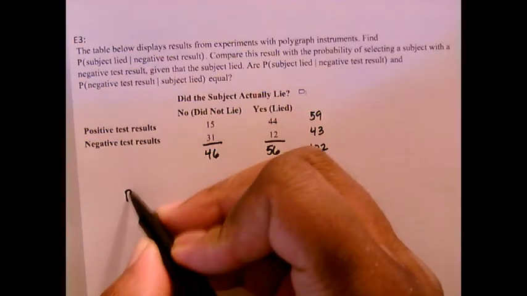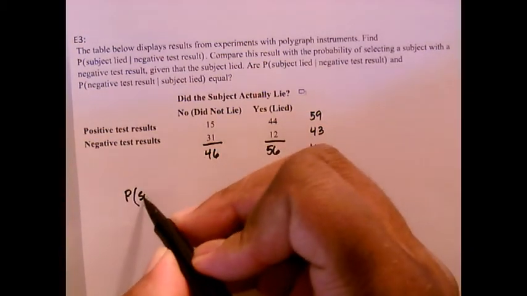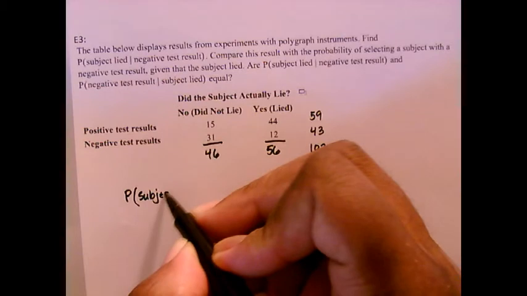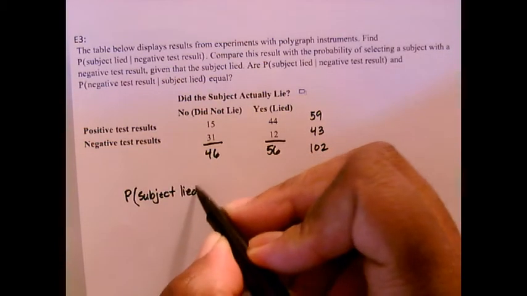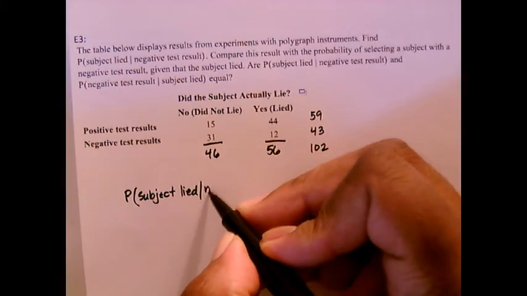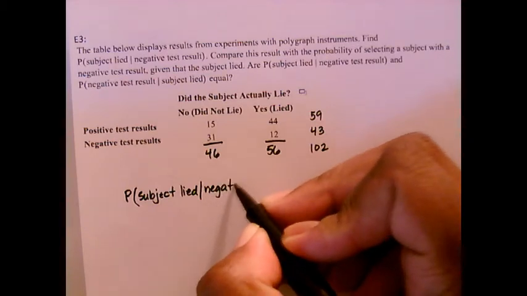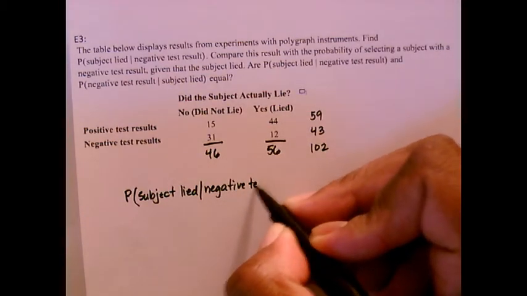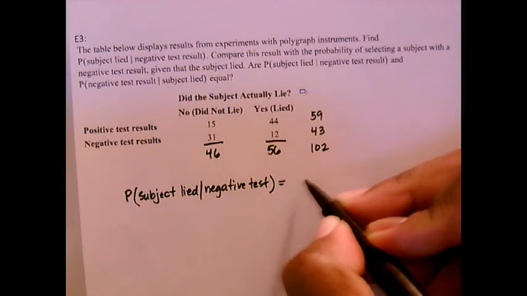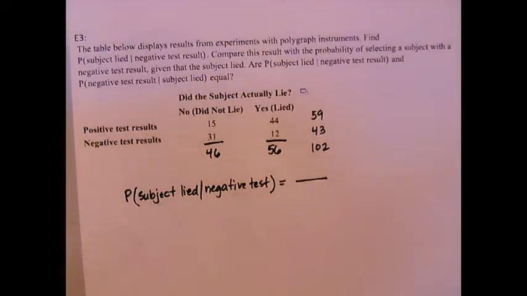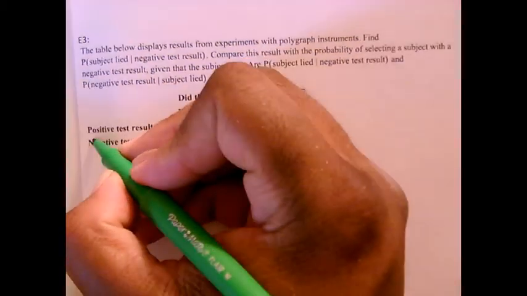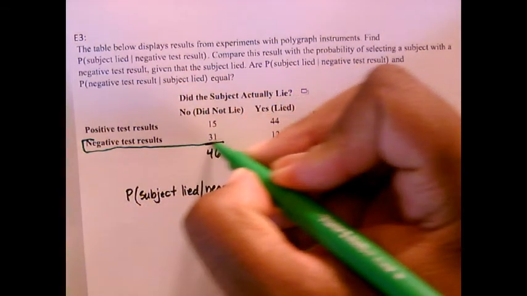Now here I want the probability that the subject lied given that the test result was negative. So I'll just say negative test. Alright, now we're given that the person had a negative test result, which is going to be this row here that I'm boxing in green.